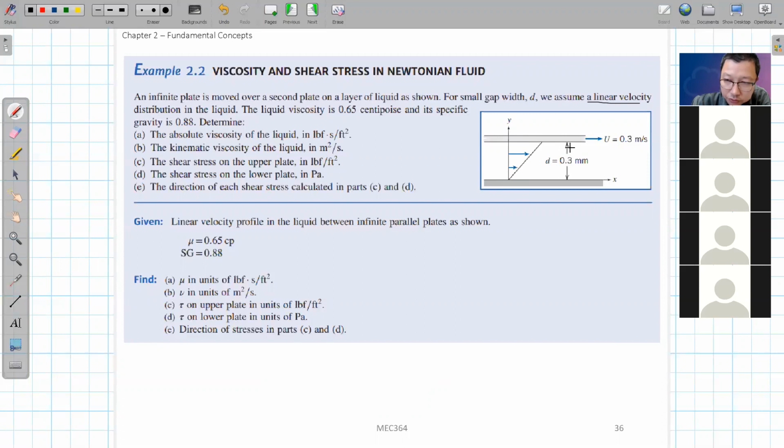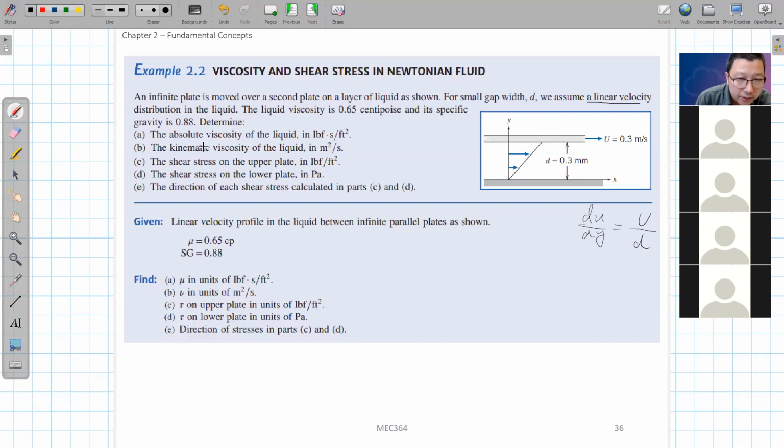We also know the gap between the two plates, d equal to 0.3 millimeter. With this gap, and because it's a linear distribution, we can directly calculate du dy, right? So du dy will be just equal to U divided by d, because it's a linear distribution.